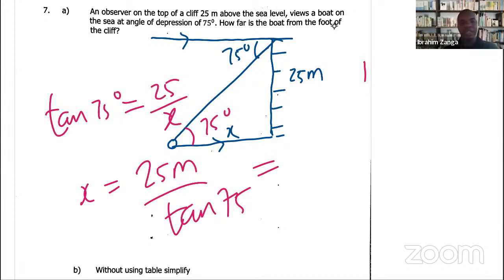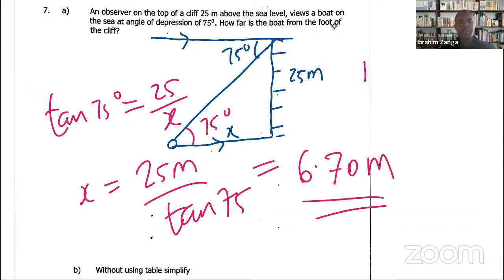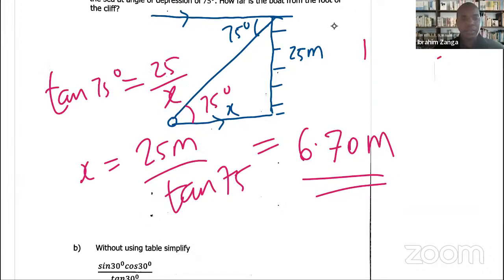And when you divide 25 by tan 75, you get 6.70 meters. So the distance is going to be 6.7 meters, dear students. We go to next question.